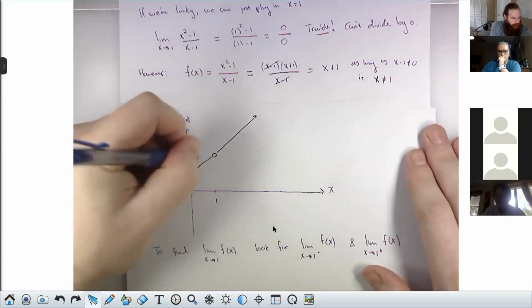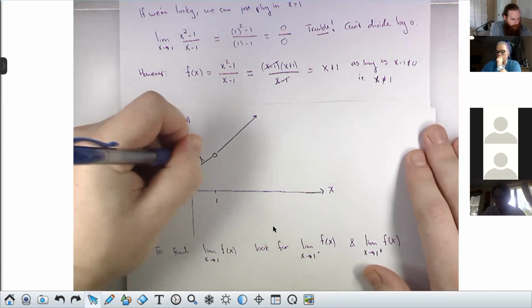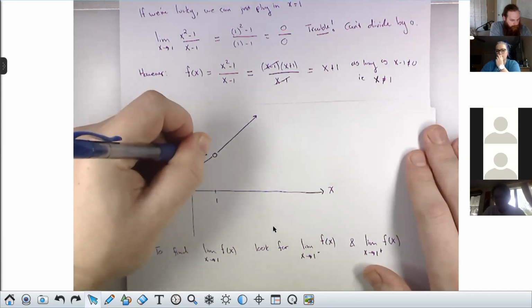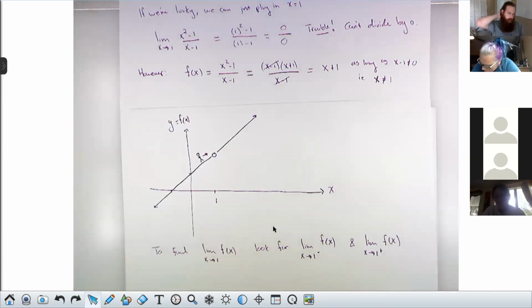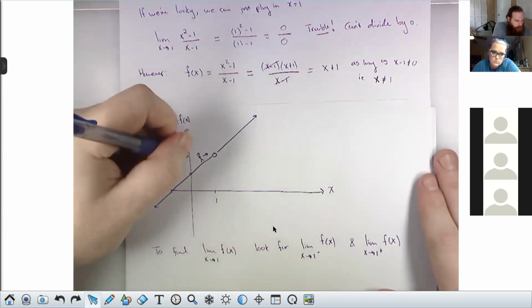So if I'm a little guy walking along this graph, getting closer and closer to the x coordinate 1, is my y coordinate getting closer and closer to anything in particular? Yeah, the y value of this hole, which is 2.